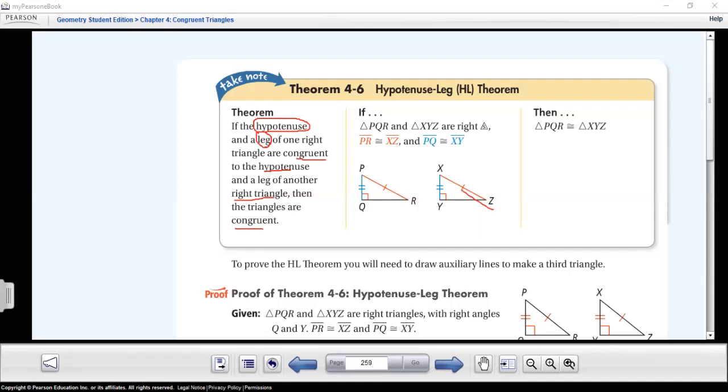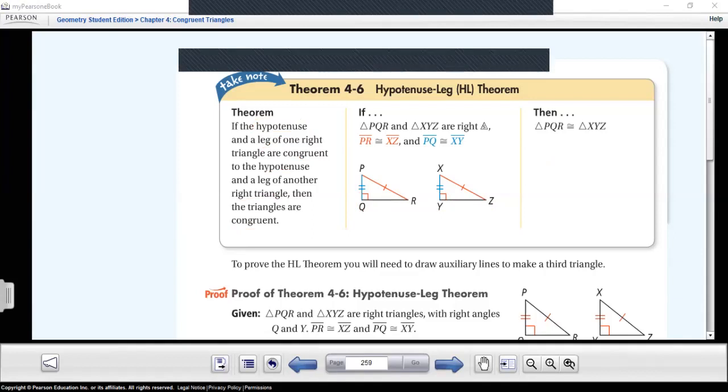So here we have BR congruent to XZ, BQ congruent to XY, and also angle Q is congruent to angle Y. Triangle BQR is congruent to triangle XYZ because we have hypotenuse congruent to another hypotenuse, leg congruent to a leg, and one right angle congruent to another right angle. So the two triangles are congruent.